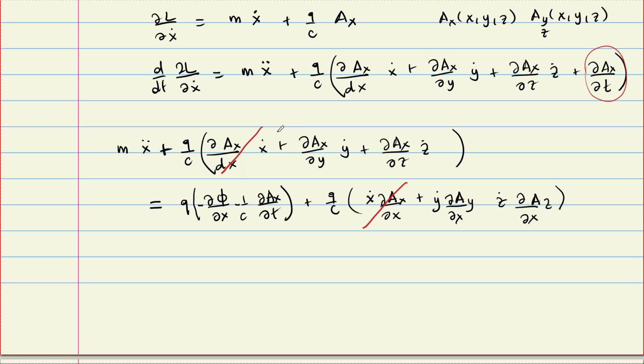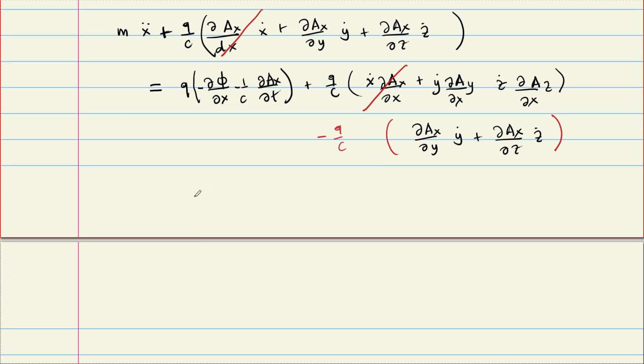And so these two terms I can carry on the other side. So like this. So this is minus Q over C times this entire object. And if I rewrite this equation, this first piece is electric field.